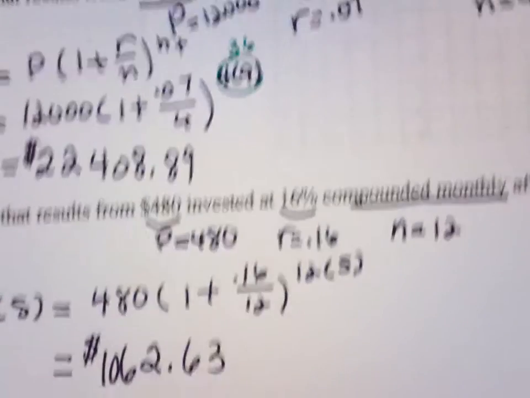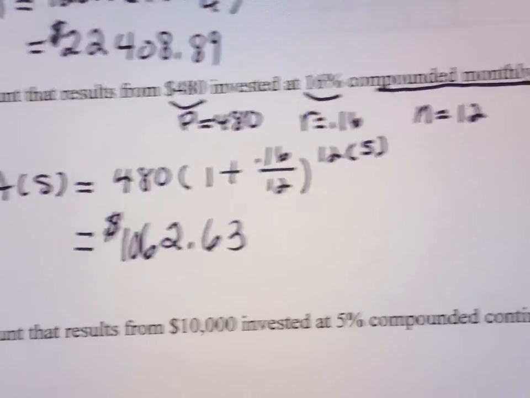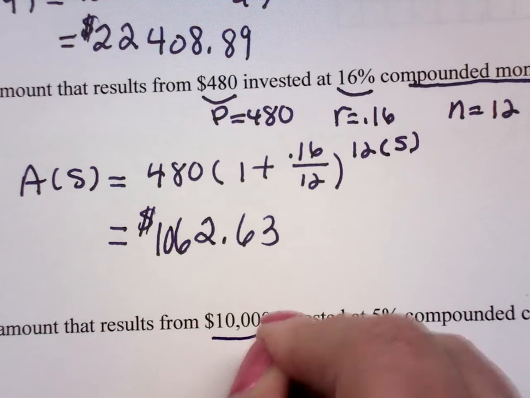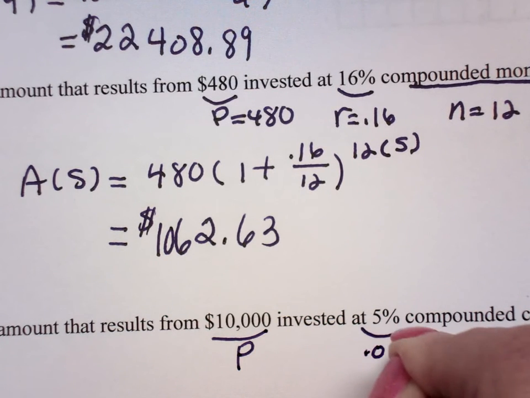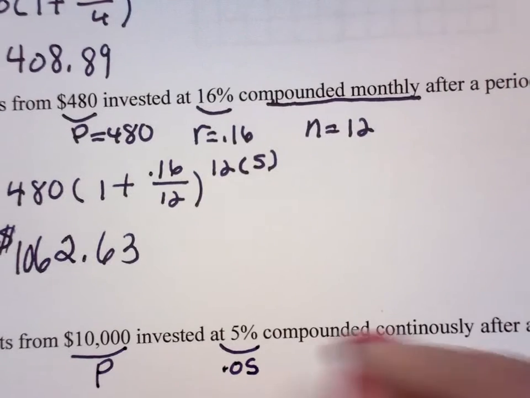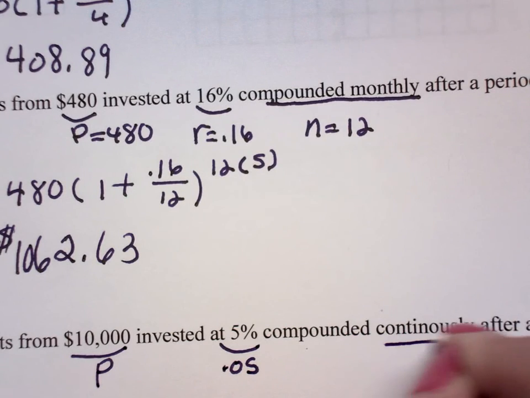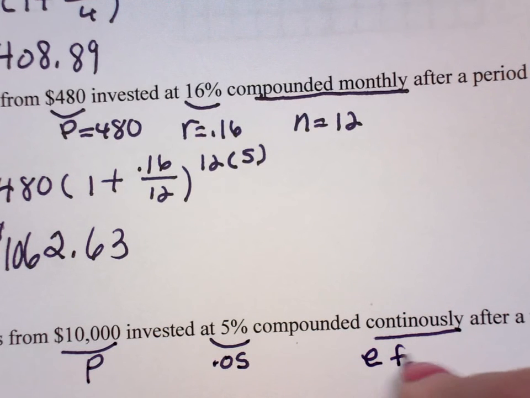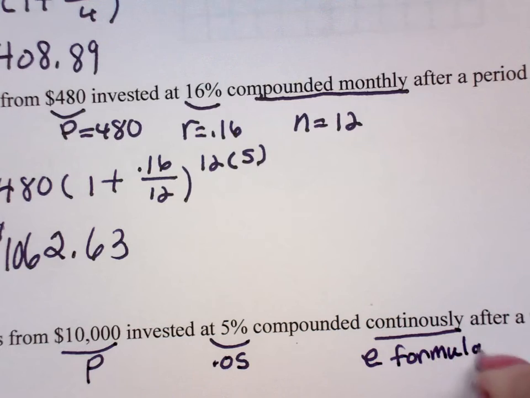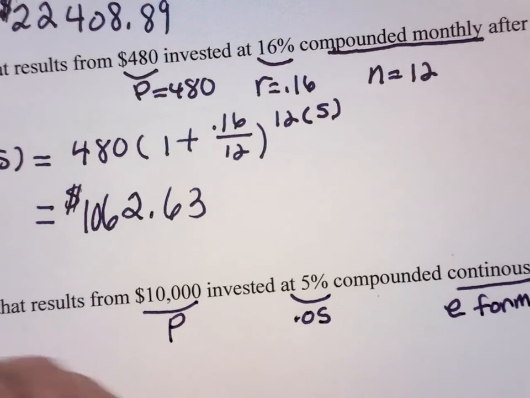So when I come down to do this problem, where it says 10,000, that's easy, that's P. 5%, that's 0.05, that's R. Then it says continuous compounding, so I say to myself, it's the E formula, for a period of 6 years.